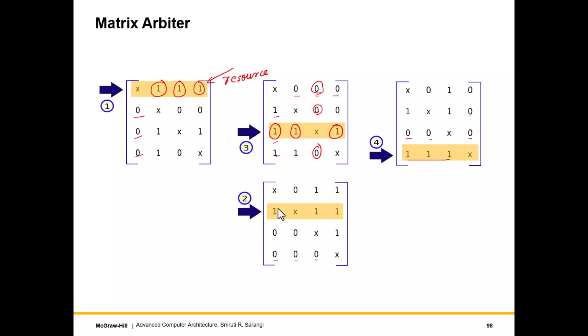So it sets all the entries once it is done to 0, 0, 0, and these entries to 1, 1, 1. So you can see the state of the matrix is the same as what we began with: x 1 1 1, 0 x 0 0, 0 1 x 1, 0 1 0 x, right? So we again come back to this state. So in this case also we are having a round robin, but there is a notion of priority in the sense it's not strictly 1 2 3 4.